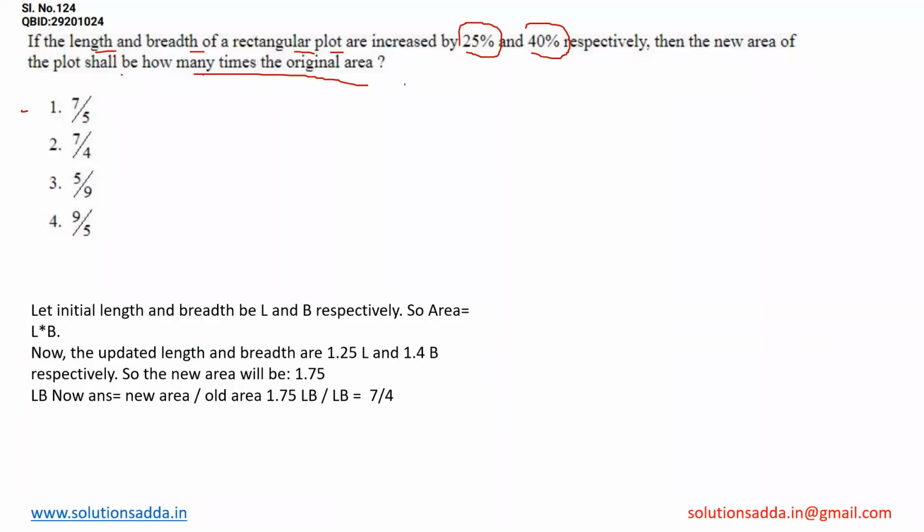Let's suppose the area of the rectangle we can find out with the help of this formula, length into breadth. And let's assume the initial length of the rectangle is 100, and it is increased by 25%, so it would become 125%.